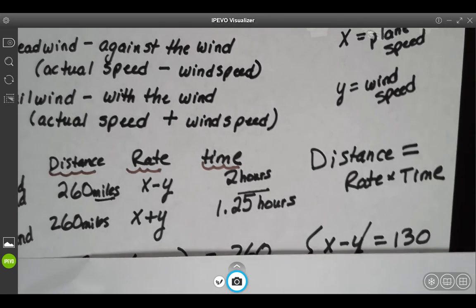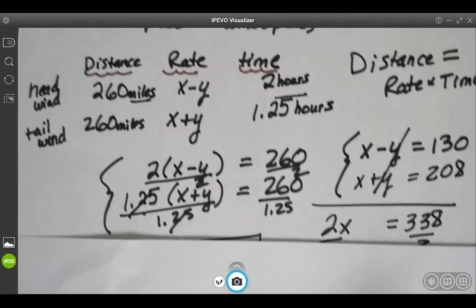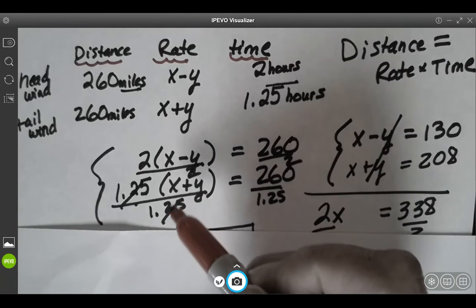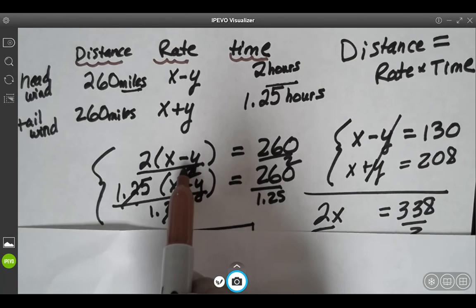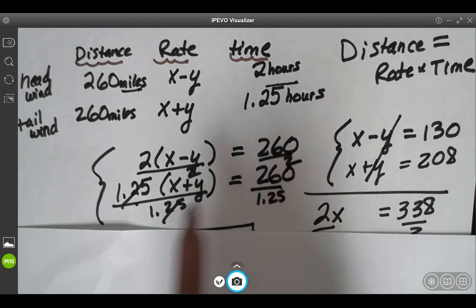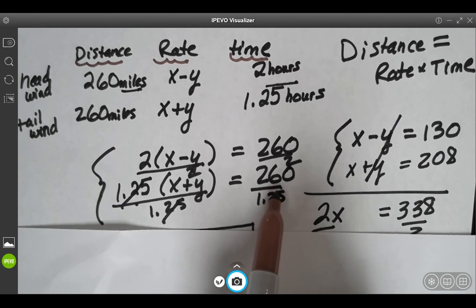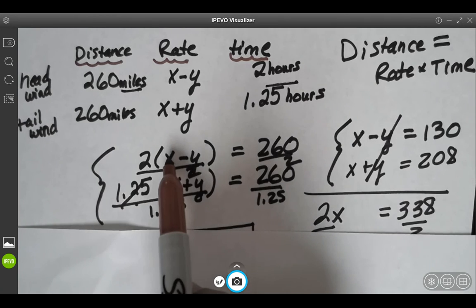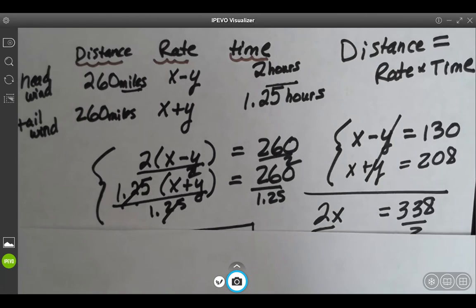I usually refer to that as the DIRT formula. Distance is rate times time. So if we set that up, taking the time times the rate, 2 times x minus y equals the distance, and then 1.25 times x plus y equals 260. You could distribute this out and then solve by either substitution or elimination.